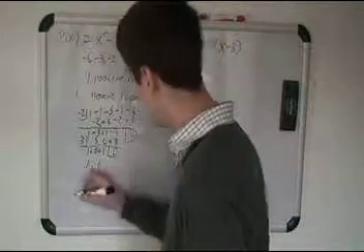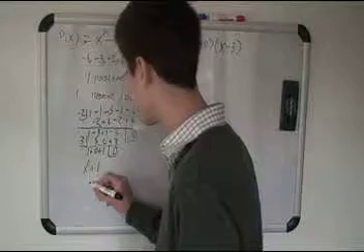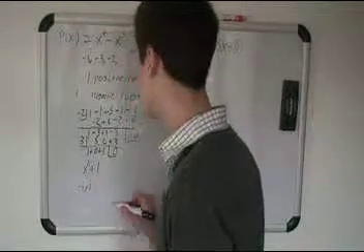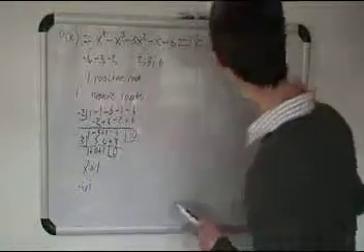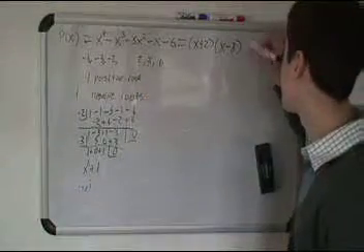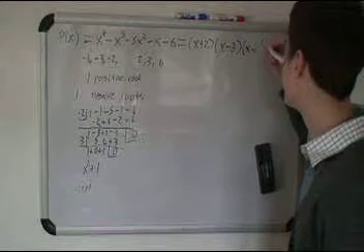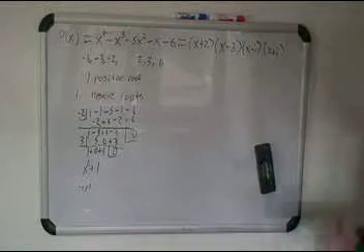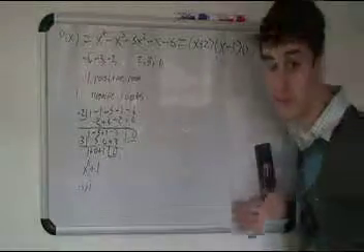You should know how to do this one. It's just i, which is going to be negative i, and i. You just get plus or minus i. So now we know we have x minus i and x plus i, which are conjugates. Then we have our factored form of our polynomial.